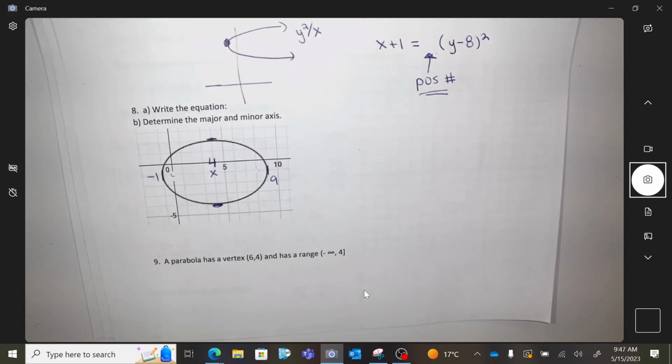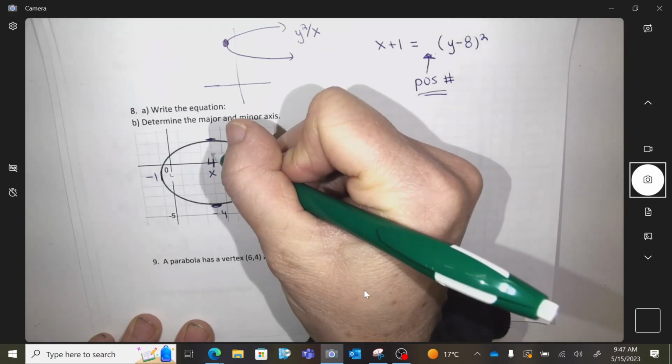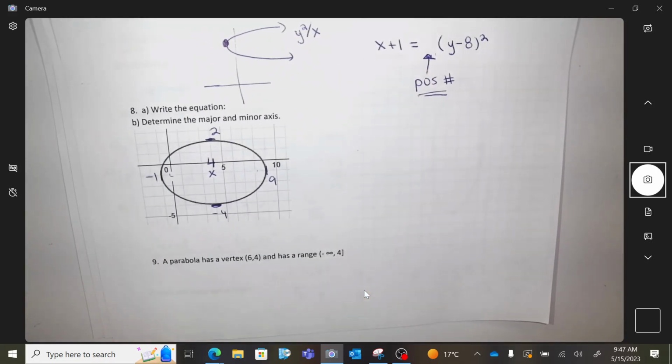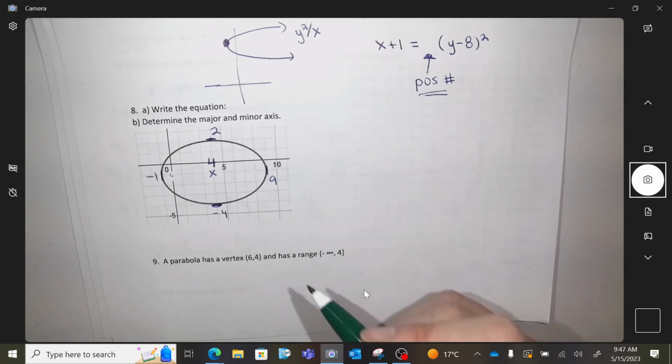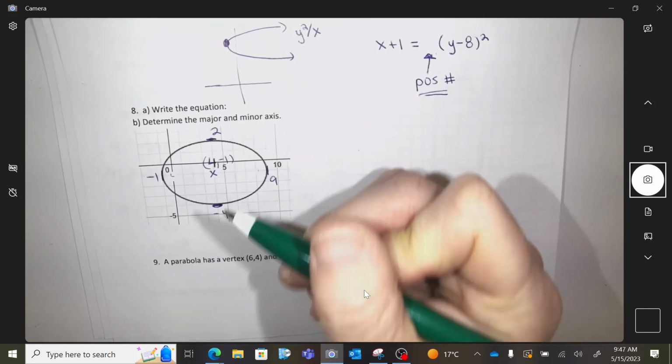And then I'm going to give myself some tick marks. What am I at here? This is a -4. And that's a 2. So (4, -1) is the center.